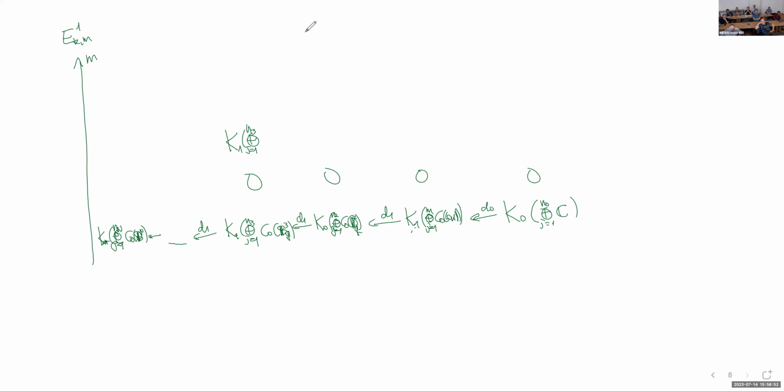And here it repeats: balls, K0 sum of sigma, K1 of the intervals. That's J equal 1 and 0.